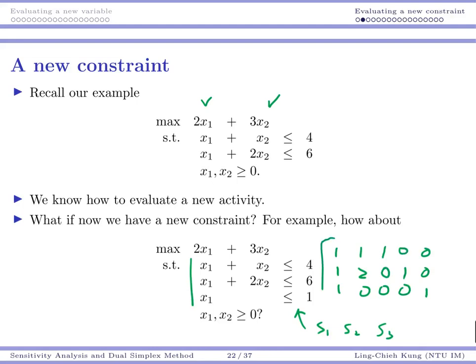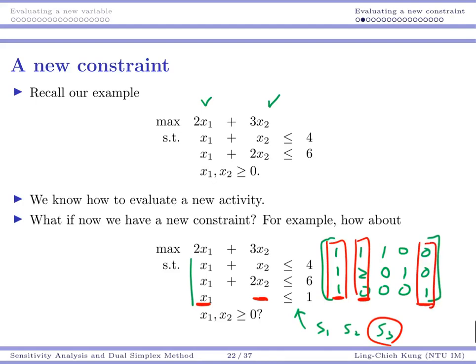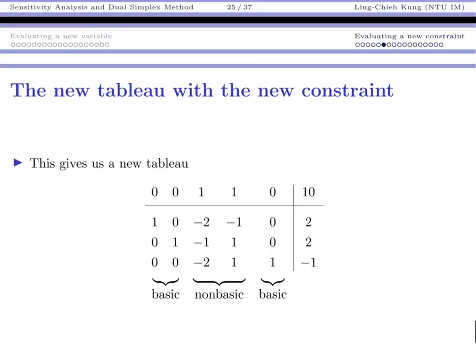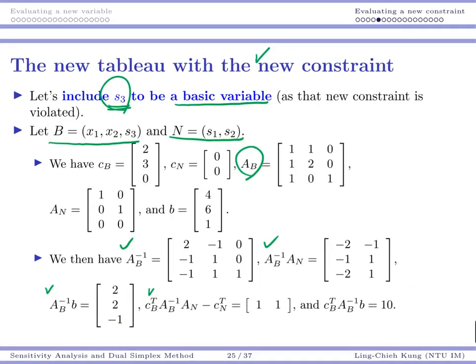So this is our matrix A. If I say x1, x2, okay, x1 is here, x2 is here, and x5, I should say s3. If I say these three variables are basic, then the first column, the second column, and the last column should become my A_B. So my A_B would be 111, 120, and 001. We can see it's indeed 111, 120, and 001.